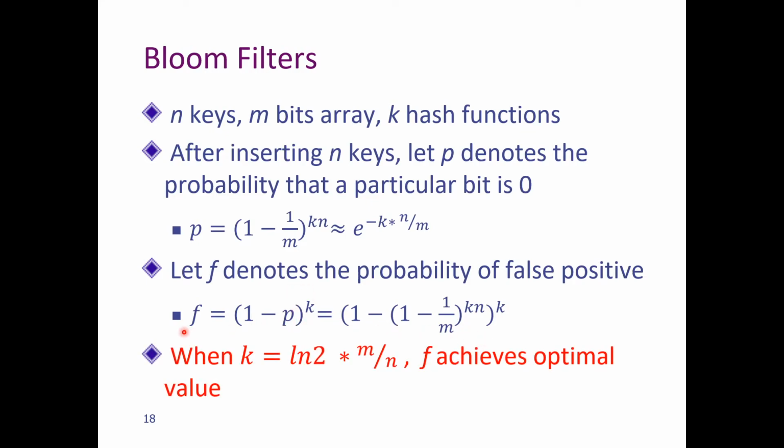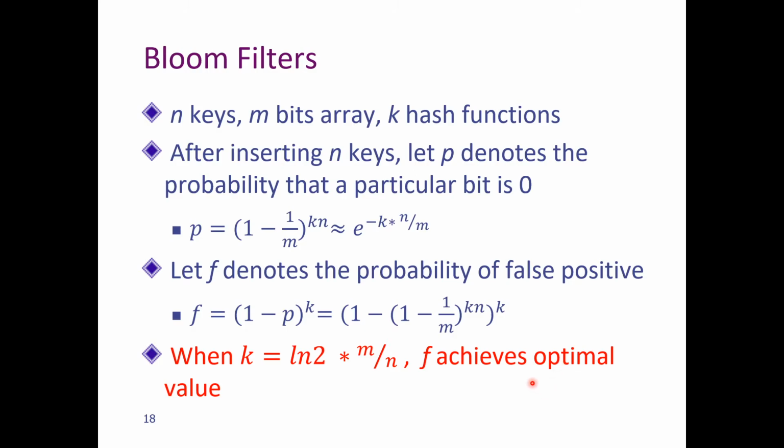And if we want to minimize the false positive rate, we get k equal to ln 2 times m divided by n. At this value, f achieves its optimal value, that is the minimum false positive rate. Overall, we can see that the false positive rate is related to m, k, and n.